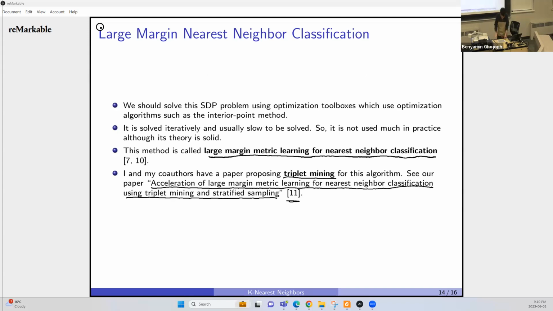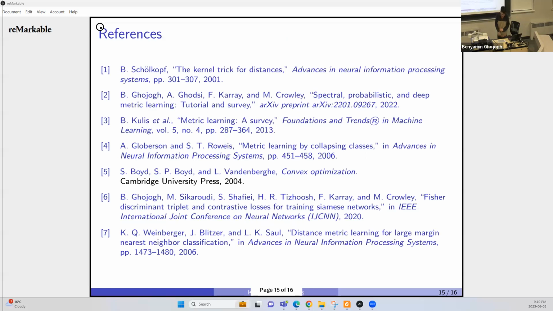And this is the paper. References: Schölkopf, the god of kernels, in 2001 published a paper in NeurIPS, one of the important conferences in machine learning. The kernel trick for distances. Right? Okay. And this one is spectral, probabilistic, and deep metric learning.